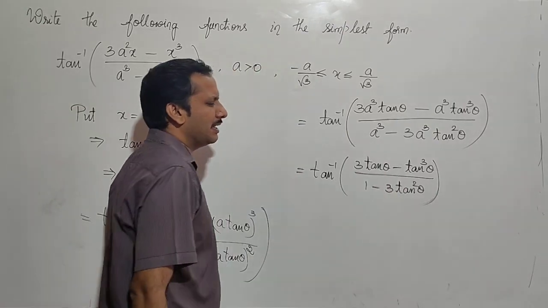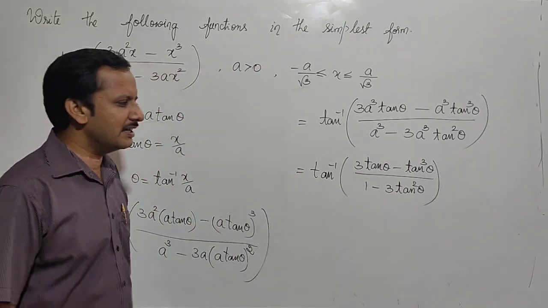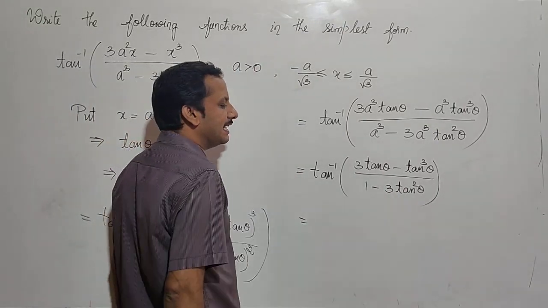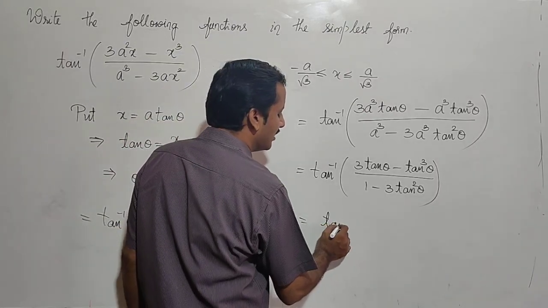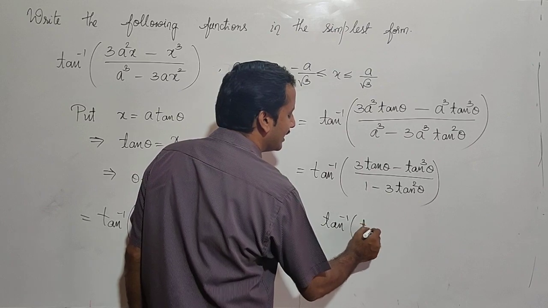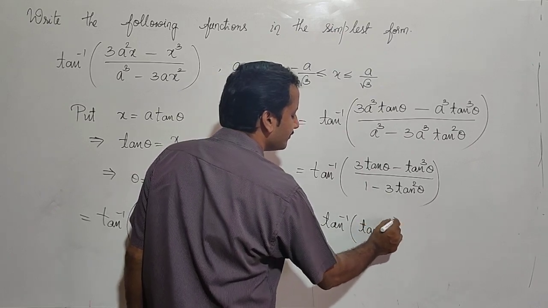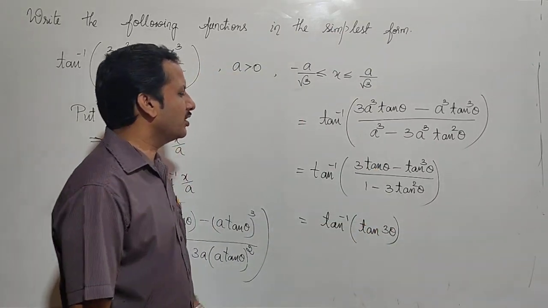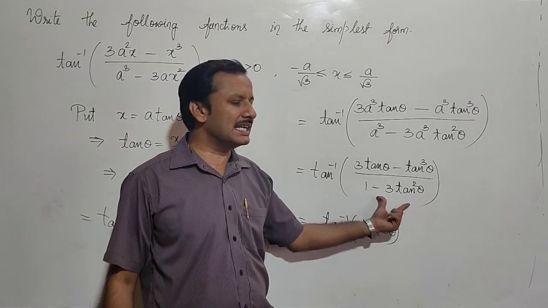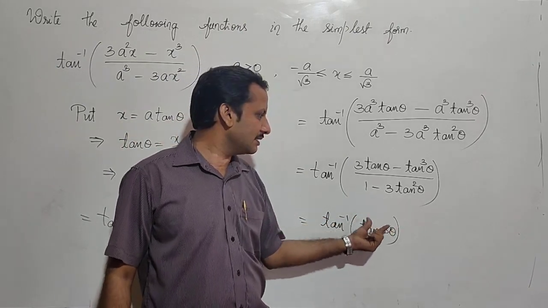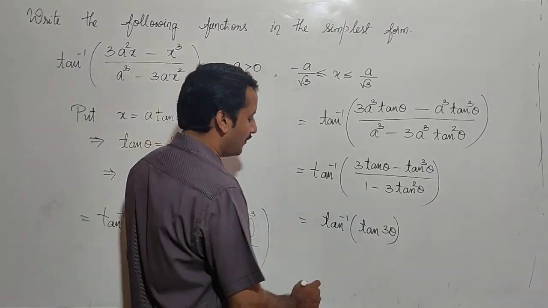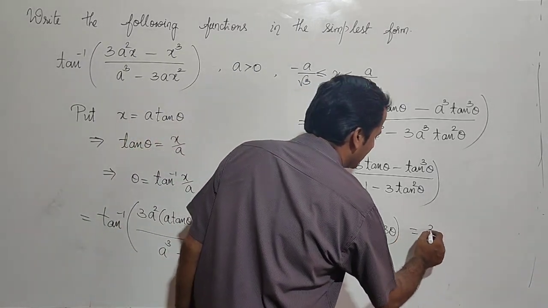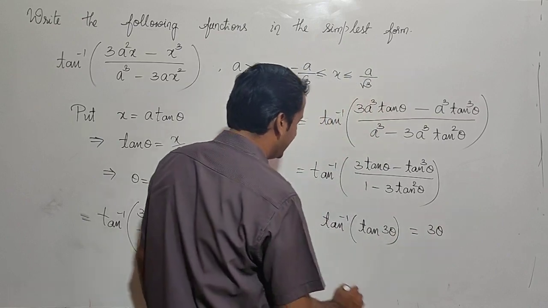This is a well-known formula, that's equal to tan 3 theta. Tan inverse of tan 3 theta is equal to 3 theta.